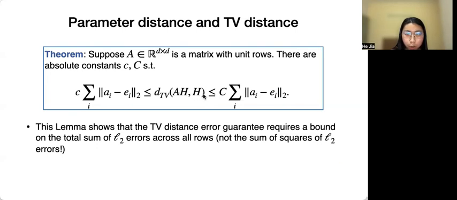And H, here we can think H is the standard cube, but because of invariance, the TV distance is invariant under affine transformation, so H can actually be any transformed cube, any parallelepiped. The TV distance between H and the result after we apply this transformation to H is tightly bounded by the sum of the L2 distances between each row A_i minus e_i.